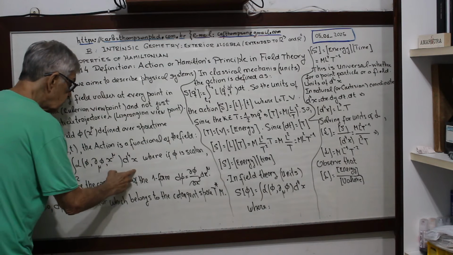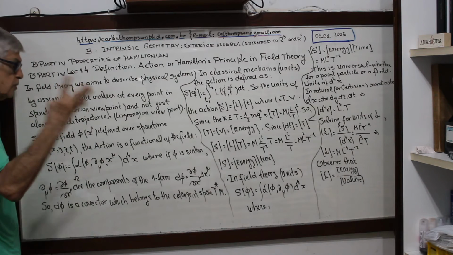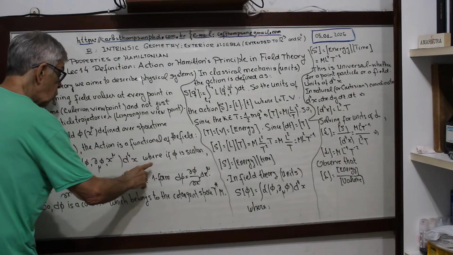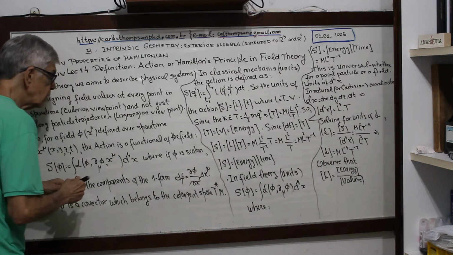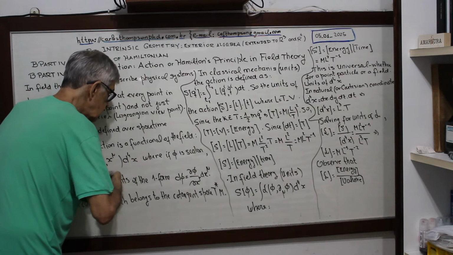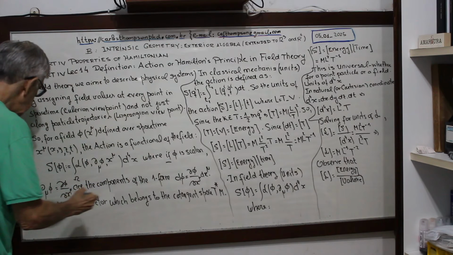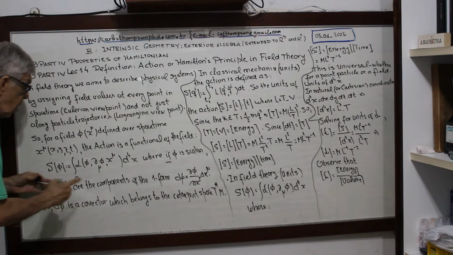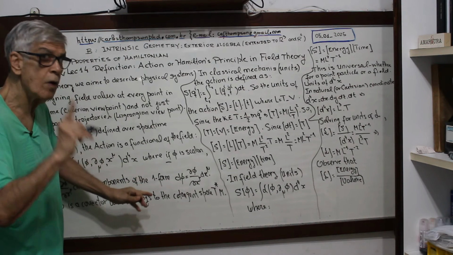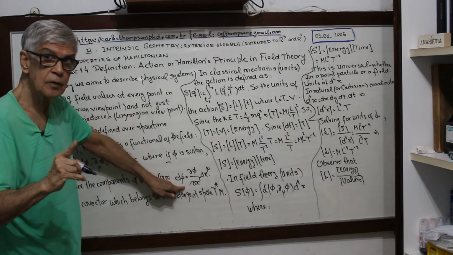So this is an integral over the four-space, where phi is a scalar. Then the partial of phi with respect to x mu are the components of a one-form.